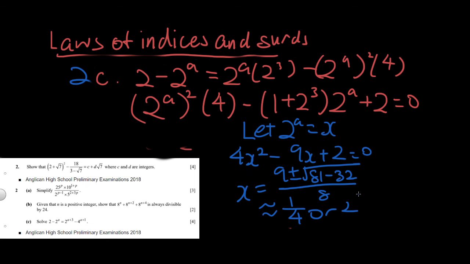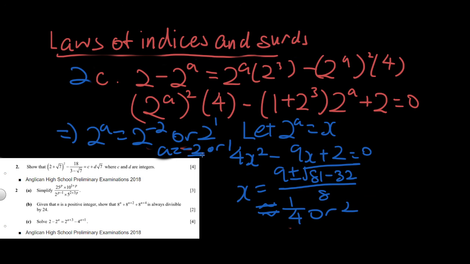So as you can tell, this implies that 2 power a equal to, I'll rewrite 1 over 4 as 2 power negative 2, or 2 power 1. So a is either negative 2 or 1. You can tell why, right?